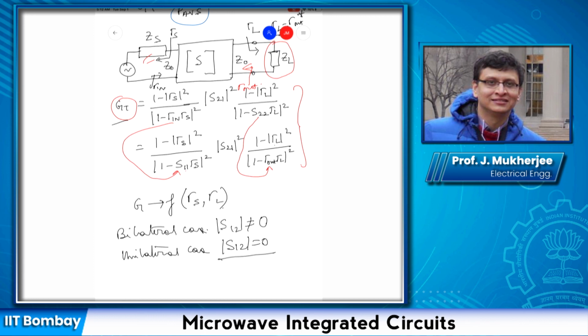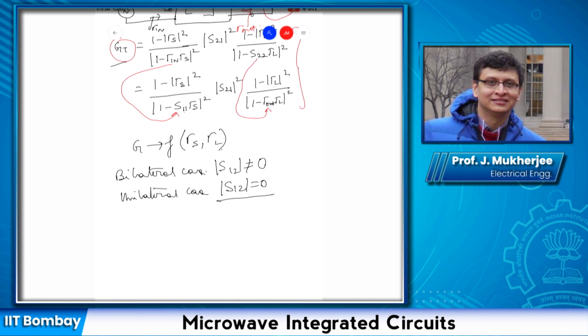For example, if you have a common source or common emitter like this, then power flows like this. So the power flowing back is very less.